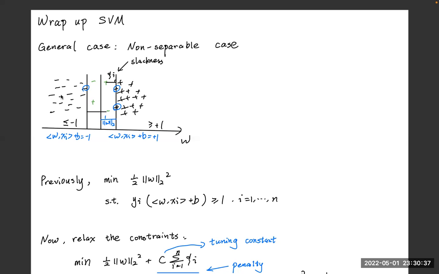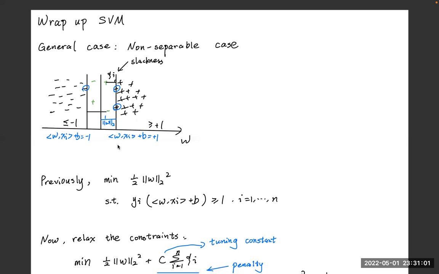And for all the negative examples, the scores are less than or equal to negative 1. Okay. And for the positive examples, yi equal to positive 1. For the negative examples, yi equal to negative 1. Okay. And this is a separable case.